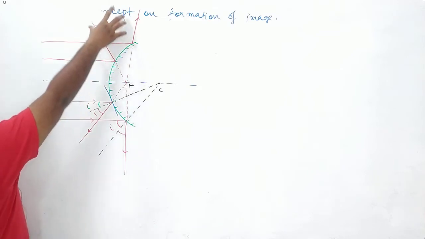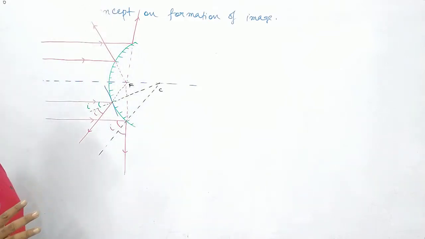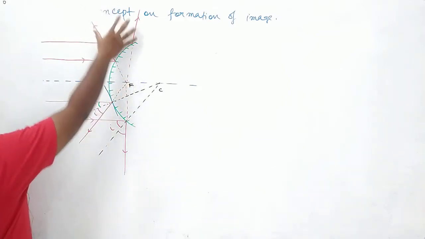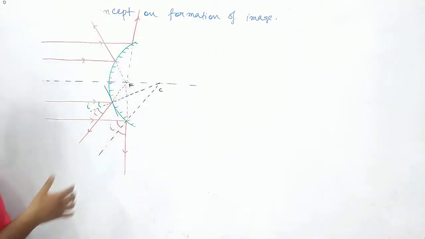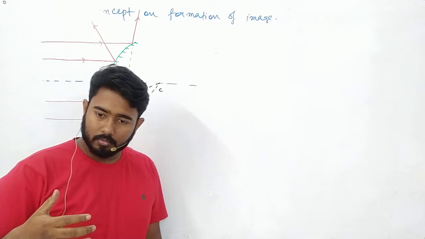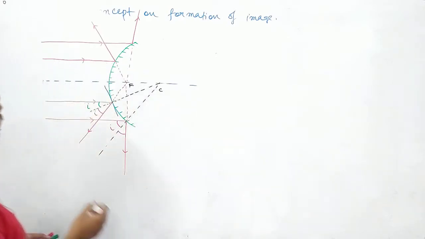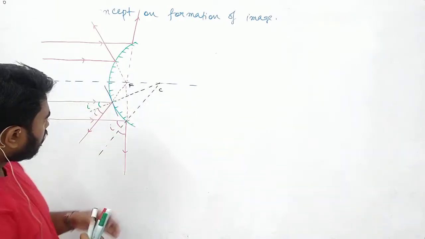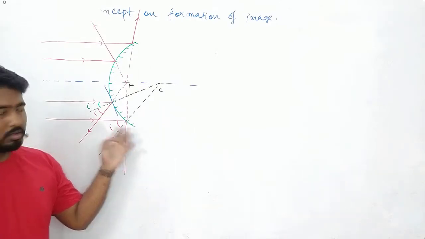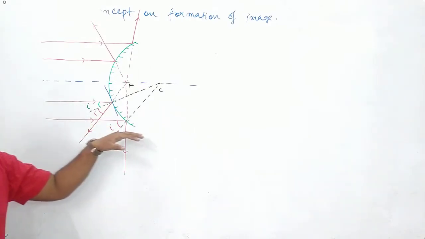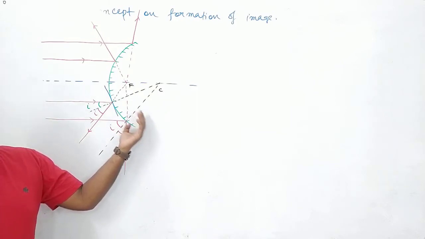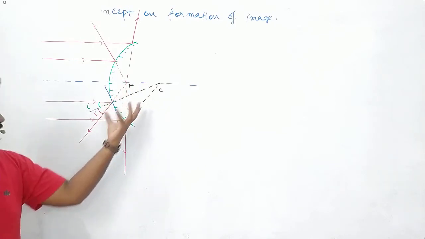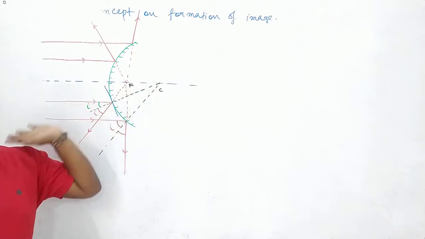Does it appear like the rays are coming out from the focus? Ignore this portion. Can we say that the rays are coming out from the focus? That means, in case of a convex mirror, if parallel rays come and fall on the surface, it will appear that the rays of light have diverged out from the focus.